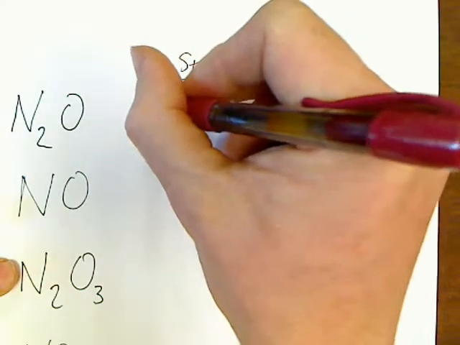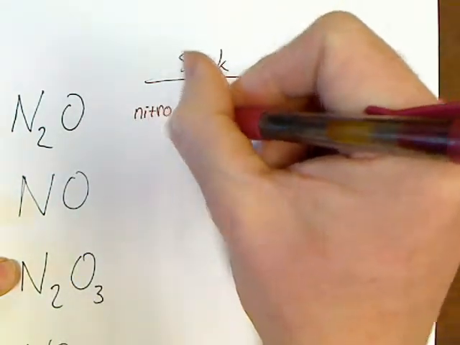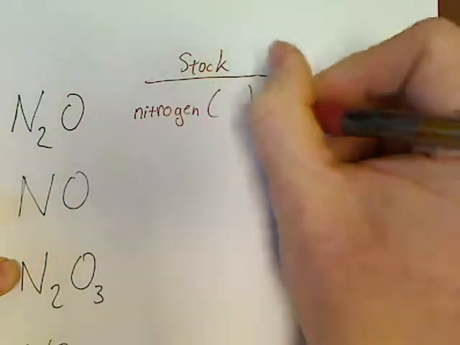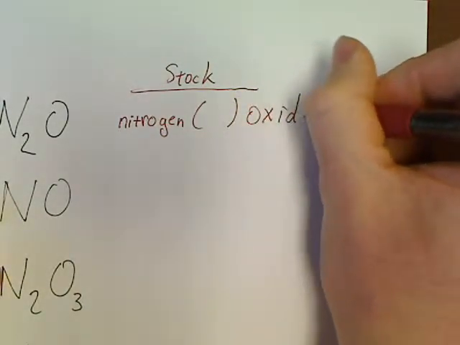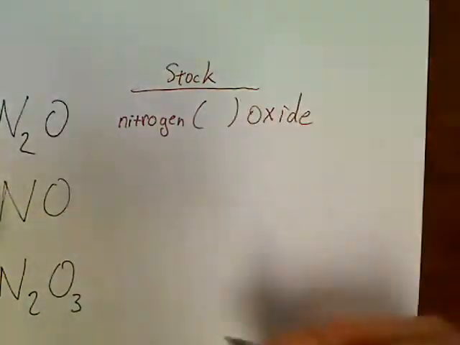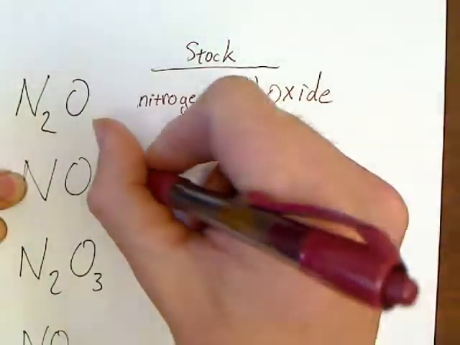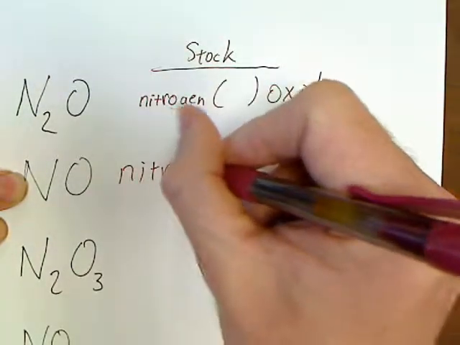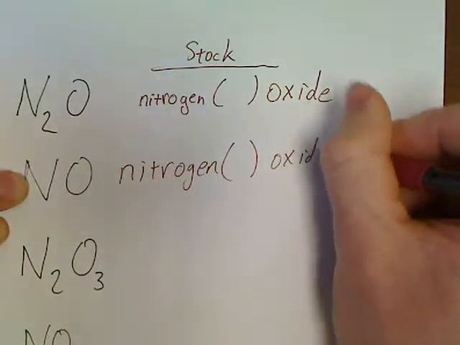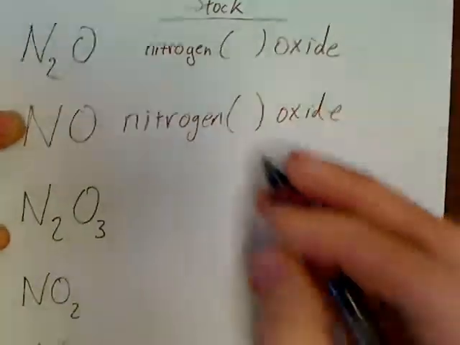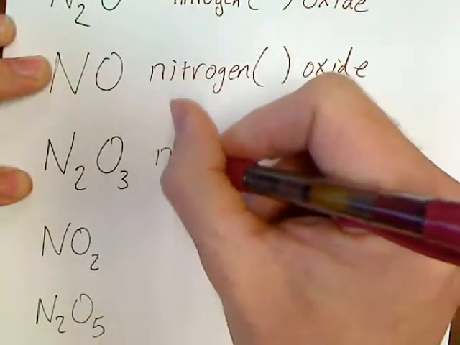For example, this one would be nitrogen, Roman numeral something, oxide over here. Well, for that matter, this one is also going to be nitrogen, Roman numeral something oxide. Well, good grief. For that sake, every one of these would be nitrogen.